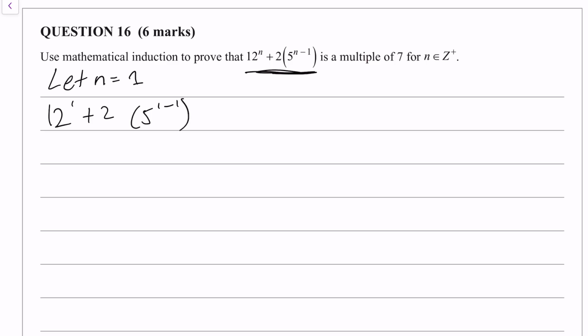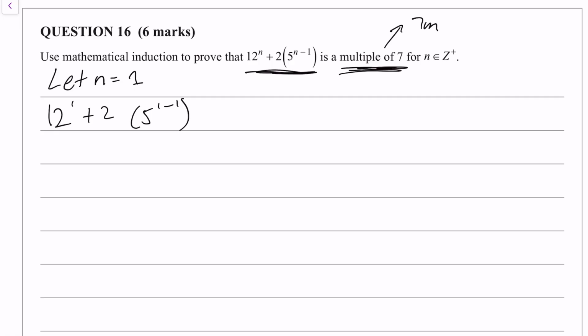And then I'm looking ahead and seeing, oh, this is a multiple question. This is about multiples, so I know I need to use a 7m somewhere in my working out as well. Okay, so now I'm just looking ahead.